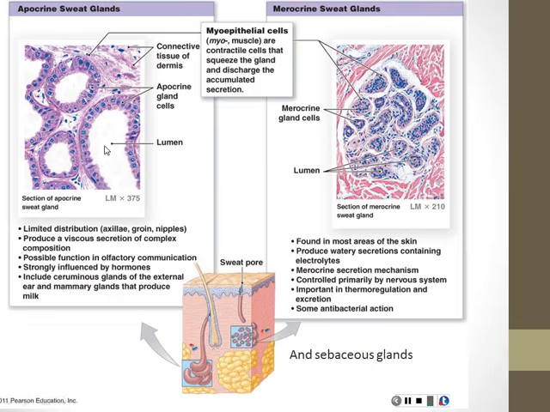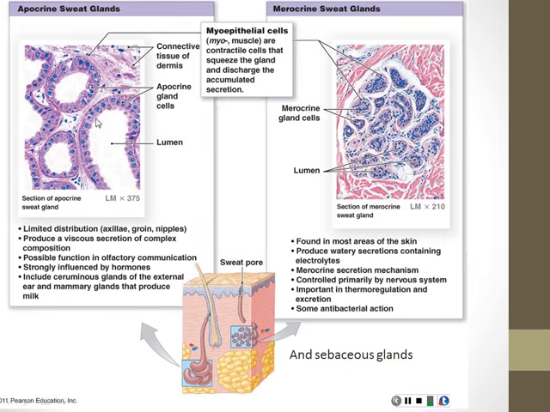It's thick, it's kind of slimy, it's very oily, and it has a lot of complex chemicals in it. Now the thinking is that these apocrine sweat glands are probably pheromone glands, so olfactory communication, sending signals from one organism to the next. Because they're very influenced by hormones, they don't develop until puberty, so there's some thought that these are pheromone glands for the human being.